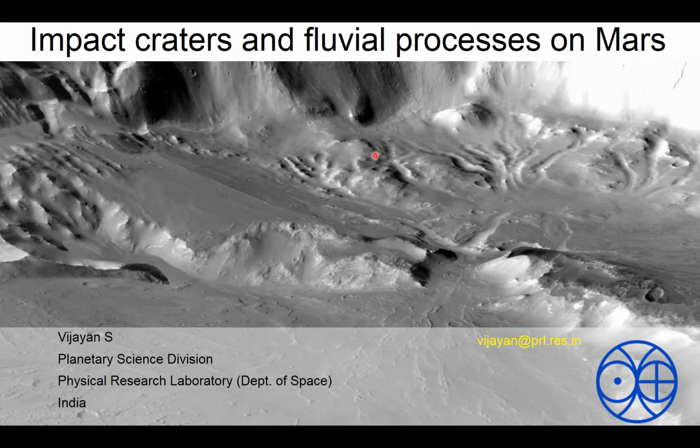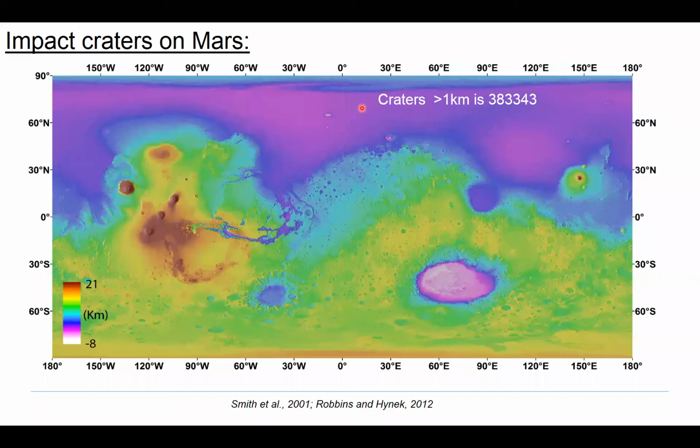I'll be showing some examples of such processes and will tell how diverse and how big the fluvial activity has been on Mars. To correlate the impact and fluvial processes, let us start with the impact on Mars. This is the topographic map of Mars, and all the circles you see are mostly impact craters.